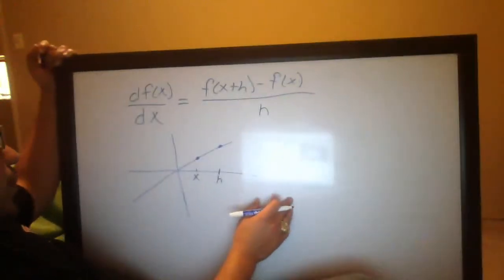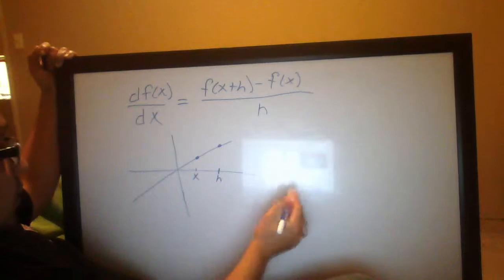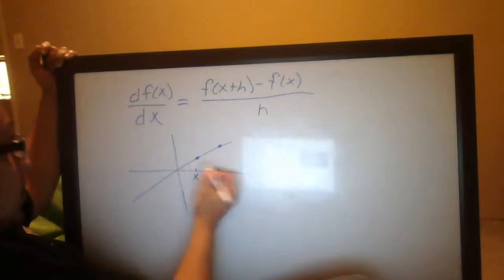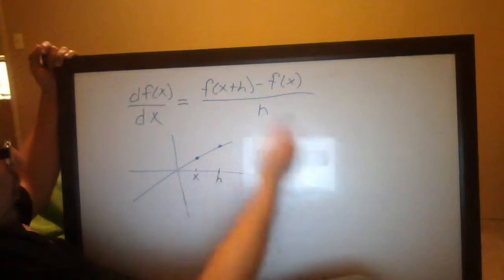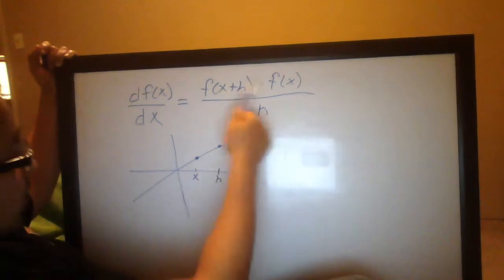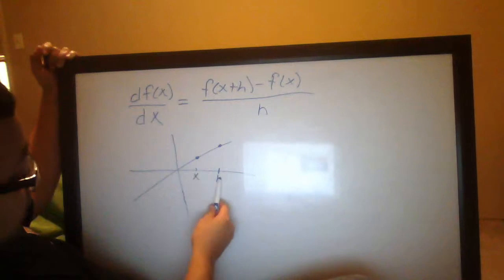So basically the derivative is just saying we have some function at x, this function right here at x. And then we have this function of x plus h, so x plus this distance h.